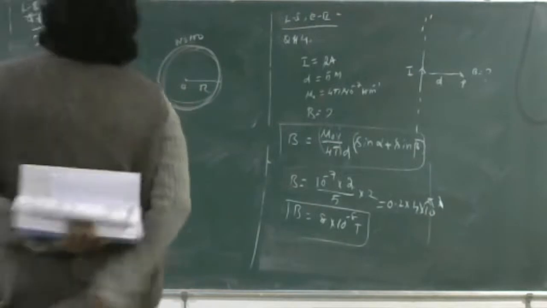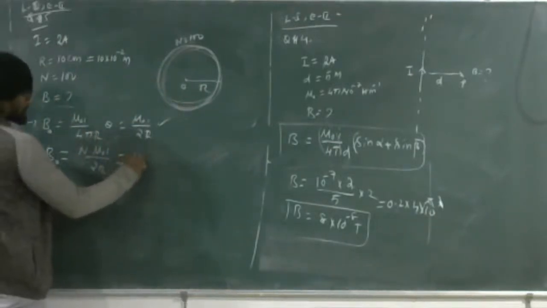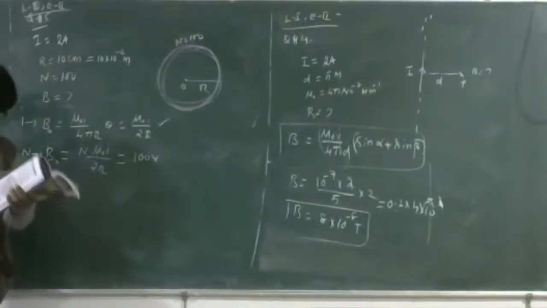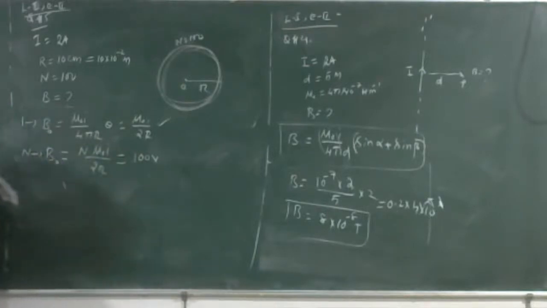Right? So it is equal to what? N is 100, mu naught. Mu naught value is also given in the question, right? Magnetic flux density at the center.